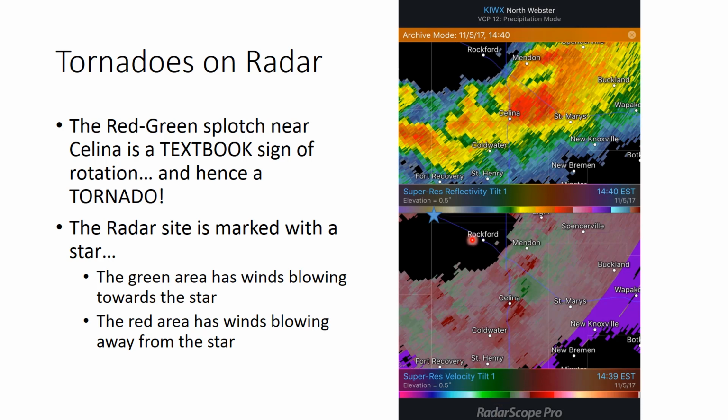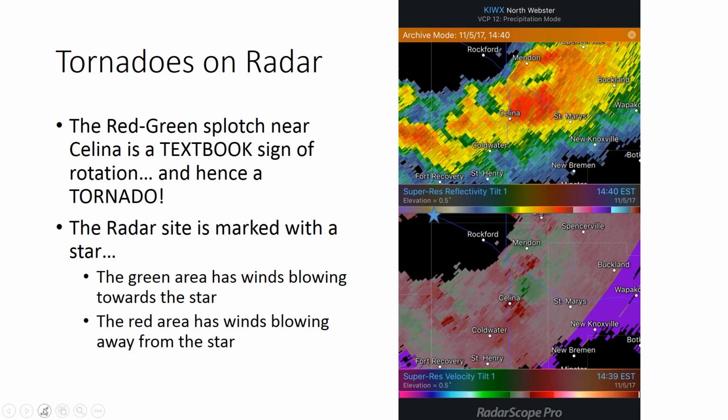And then down here, the velocity, if you remember, is basically based on whether the wind is blowing away from the radar site or towards the radar site. To help out, I put a star up here indicating where the radar site is.